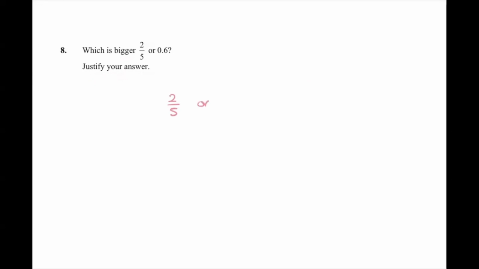Now, what is 0.6 as a fraction? It is in the tenths column, so it is 6/10. I am now going to divide this down by 2, which is 3/5. And then I can see that 3/5 is bigger than 2/5, so it was 0.6 that was bigger. And you don't have to do it by putting them into fractions.